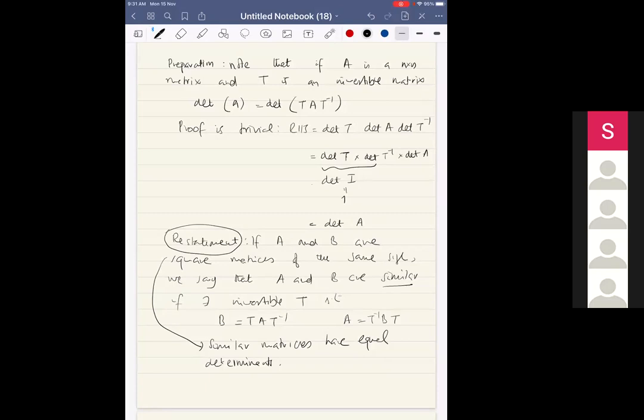Whenever I have an equivalence relation on a set, the set gets partitioned into equivalence classes. This is something I suppose you know. Partition means the set is a union of subsets that are mutually disjoint. Because the determinant is invariant under similarity, it's actually a constant function on each of these equivalence classes.